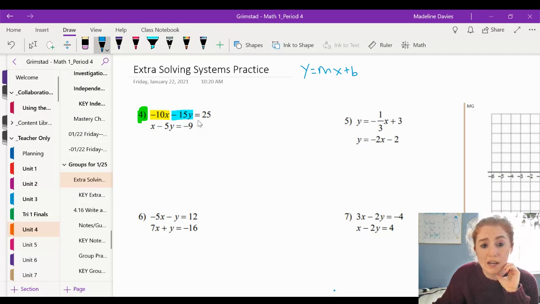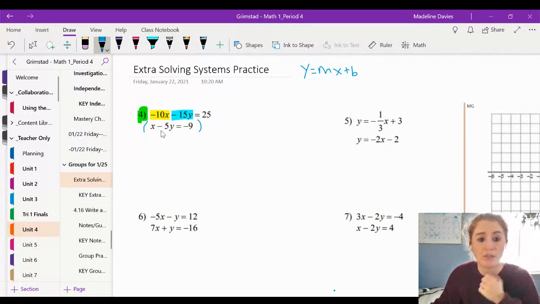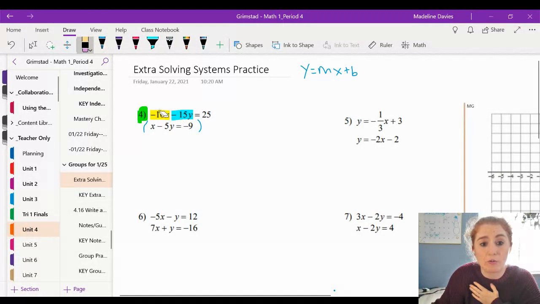So in order to eliminate, you have to multiply one of the problems by any number that you come up with. In this case, I know that I'm going to be getting rid of my negative 15y. So I'm actually going to multiply this bottom equation, the full equation, by negative 3.